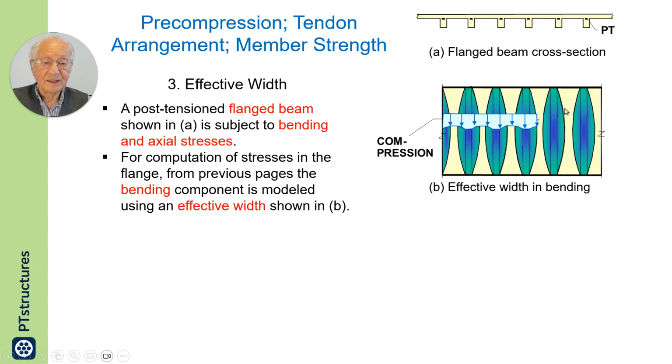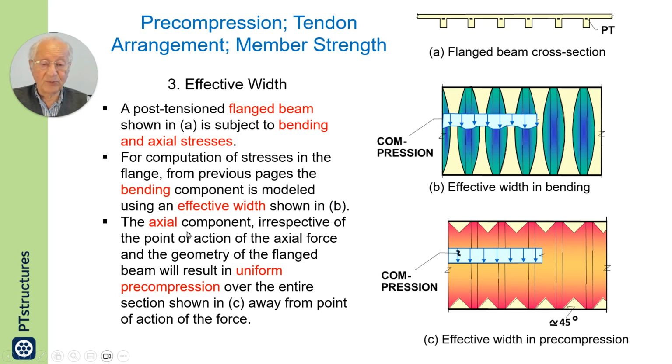So there will be non-uniform distribution, and the effective width would apply. As shown here, the green is intended to show the effective width, and the distribution is shown here. The axial component, irrespective of the point of action of the axial force and the geometry of the flanged beam, will result in a uniform precompression over the entire section shown in C, away from the point of application of the force.